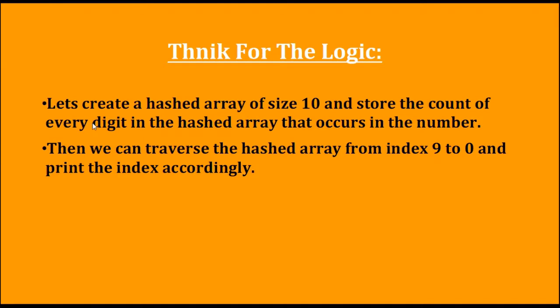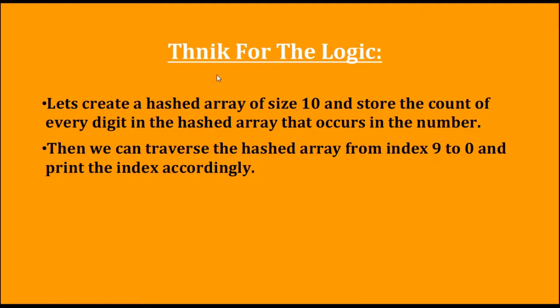The logic says that we take an array of size 10, containing indexes 0, 1, 2, 3, and so on up to 9. Each time you extract a digit from the given number, you increment that index position in the array.